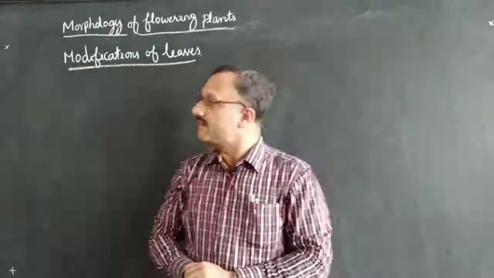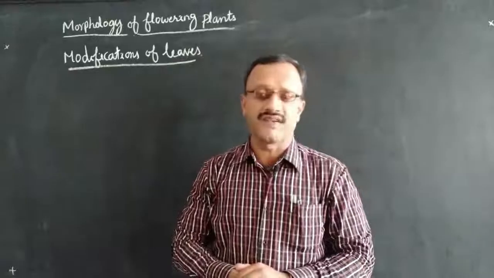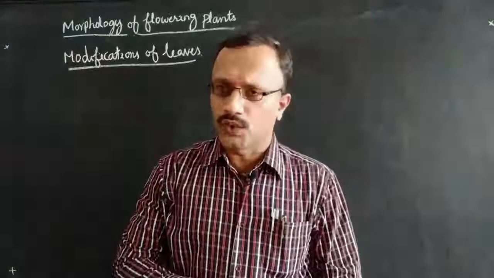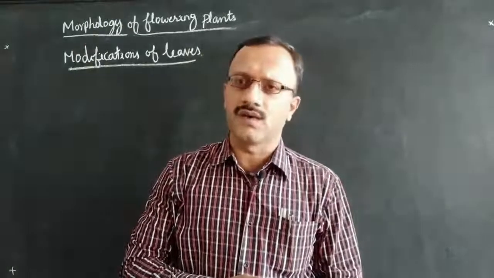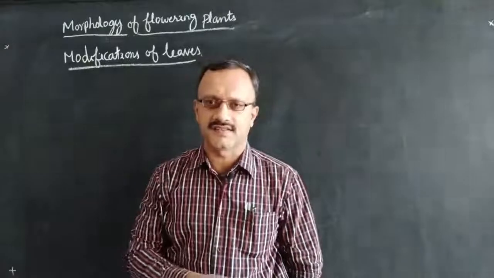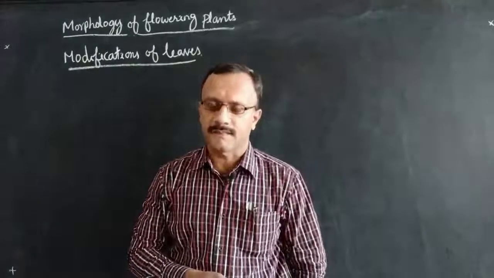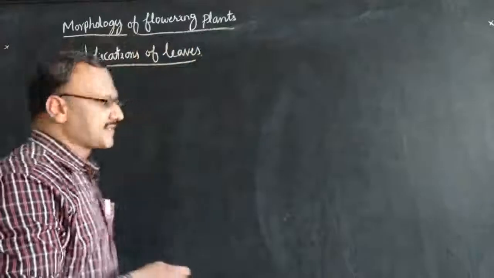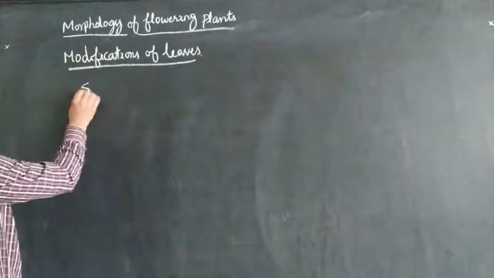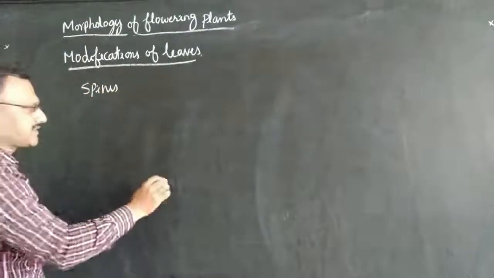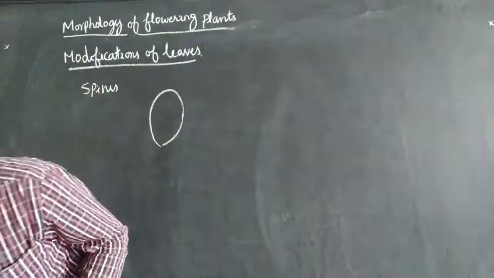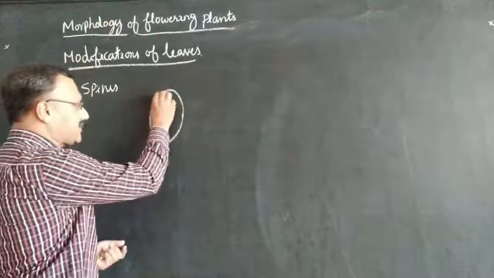Modifications of leaf. As we have discussed already the modifications in root and stem, similarly, apart from photosynthesis, leaf also involves in a number of functions. It will modify into different structures to perform different functions. Especially in cactus, the leaves are modified into spines. Modified into spines in case of cactus for defense purpose, that is, protecting from transpiration.